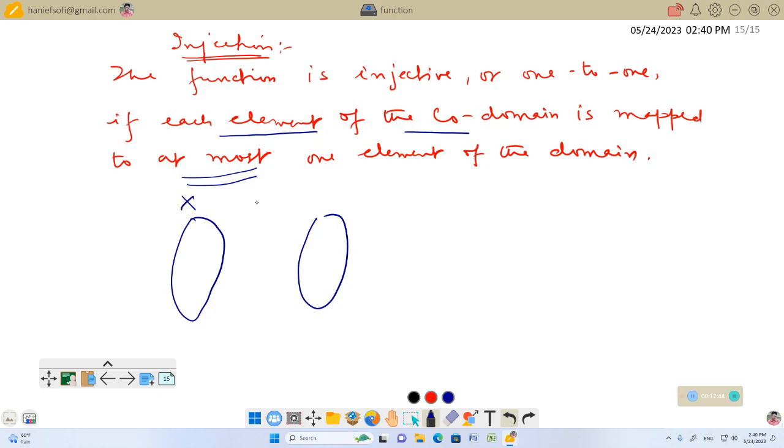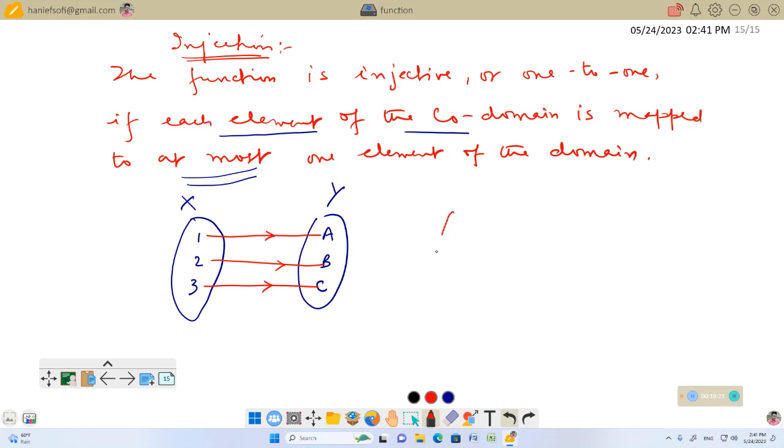I have set X and set Y. In this set there are three numbers, 1, 2, and 3, and here I have A, B, and C. Three members are in set Y. So 1 is connected to A, 2 is connected to B, 3 is connected to C, right?